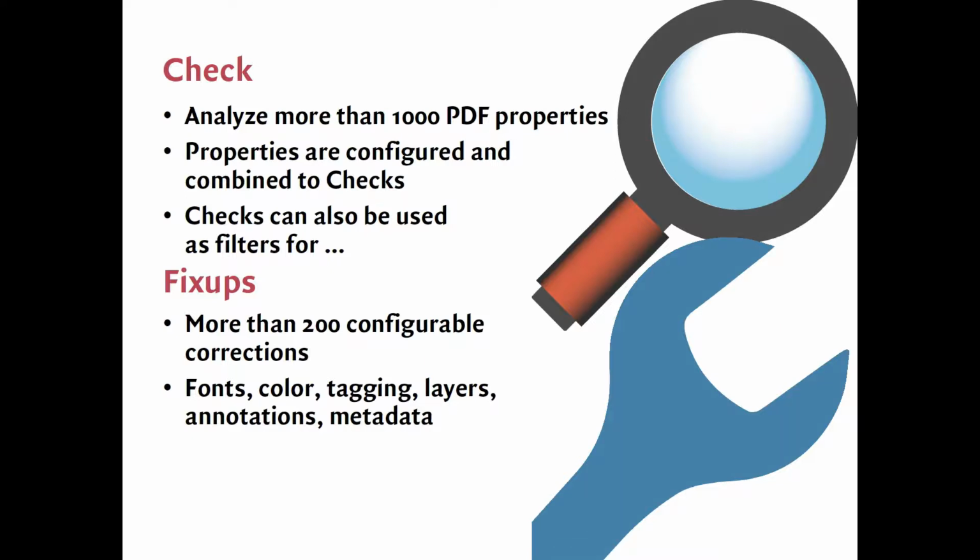So in this session, I won't cover and I can't cover any of these PDF properties for checking or configurable fix-ups for corrections. I only want to show you the mechanics of the engine and how you would create a fix-up or a check.